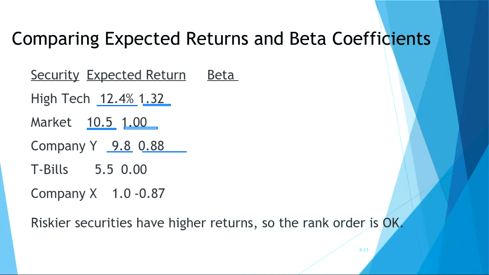T-bill, the beta is 0, and expected return is always 5.5. And company X with 1% expected return with minus 0.87 beta. So the riskier the security, the higher the return. So it looks like the rank looks okay. Any questions up to now?